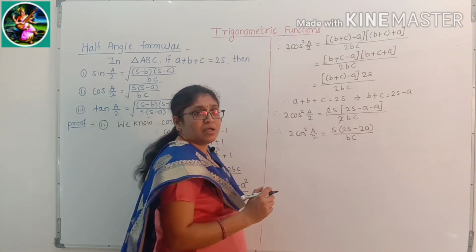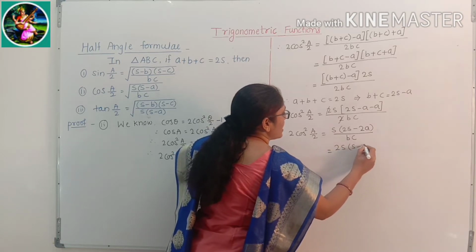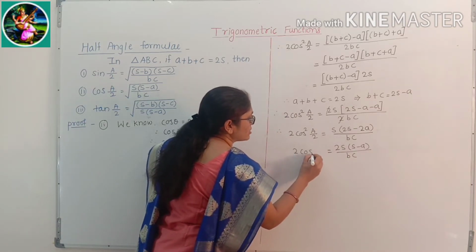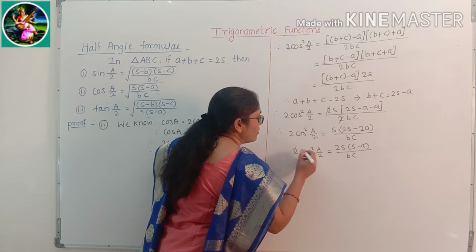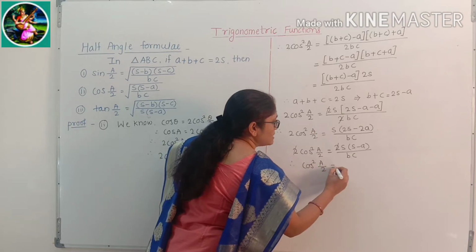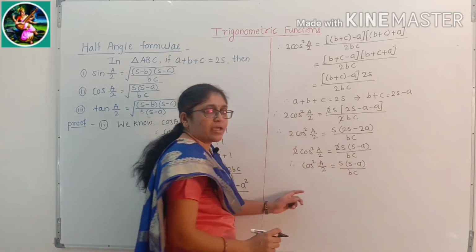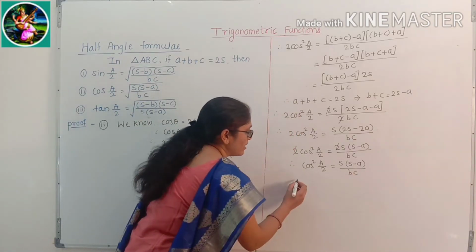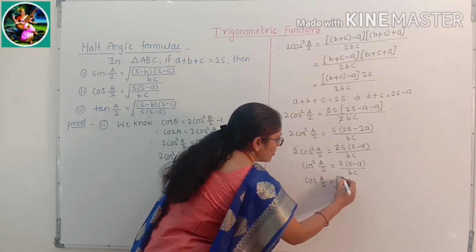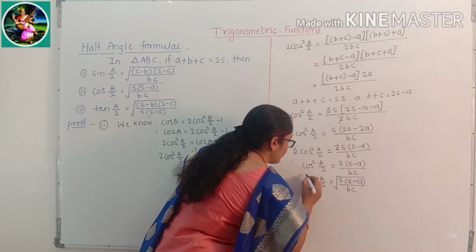Here we take 2 common in the bracket, therefore we get 2s into s minus a divided by bc, and on the left hand side the 2 gets cancelled. Here we get cos square A upon 2 is equal to s into s minus a divided by bc. We take the square root on both sides, therefore cos of A upon 2 is equal to square root of s into s minus a divided by bc.